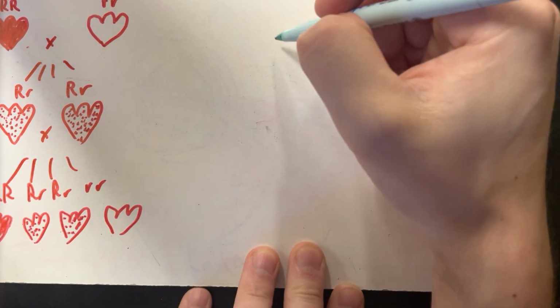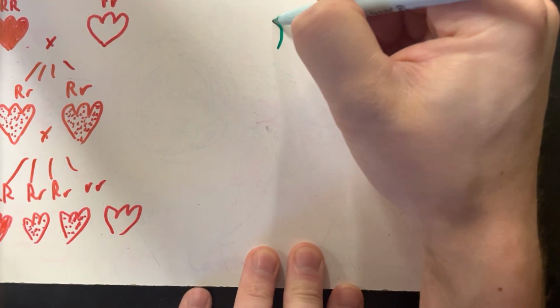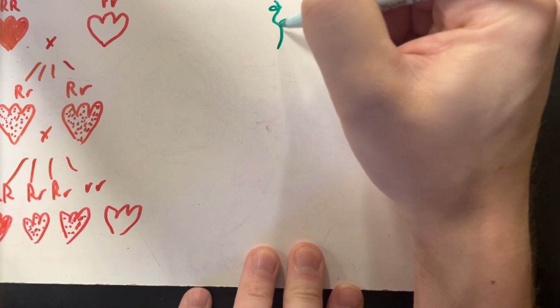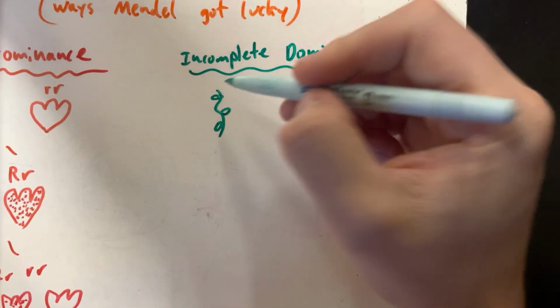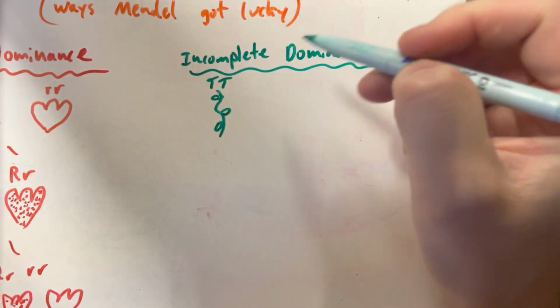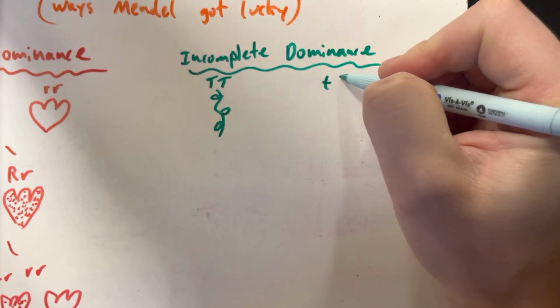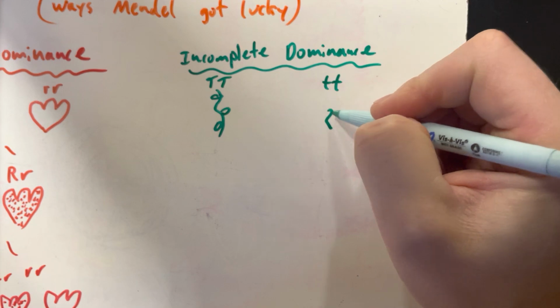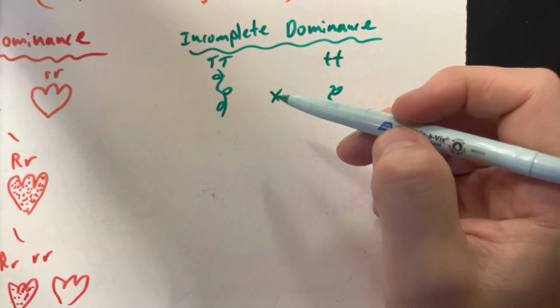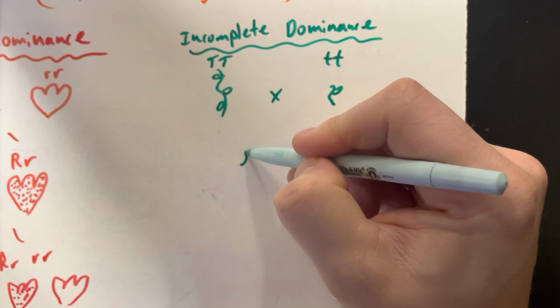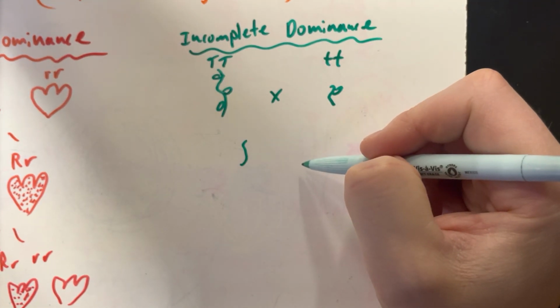And we'll use plant size for this one. So you could have a tall plant. Incomplete dominance. So big T, big T. If you cross it with a short plant, little t, any guesses what you'll end up with?